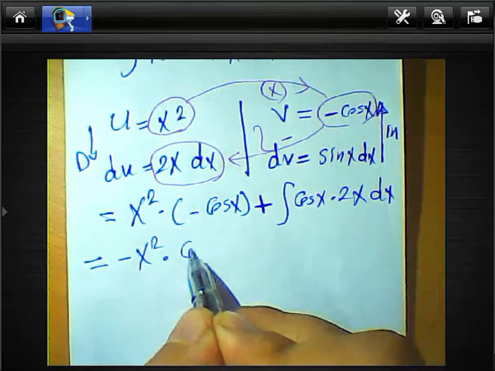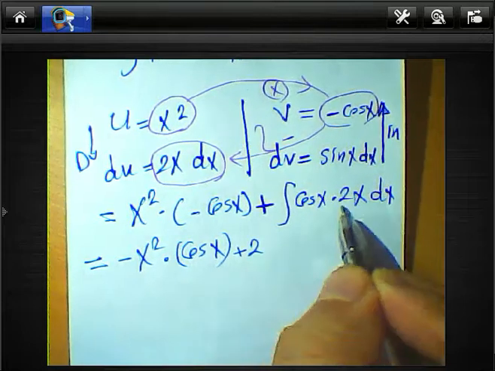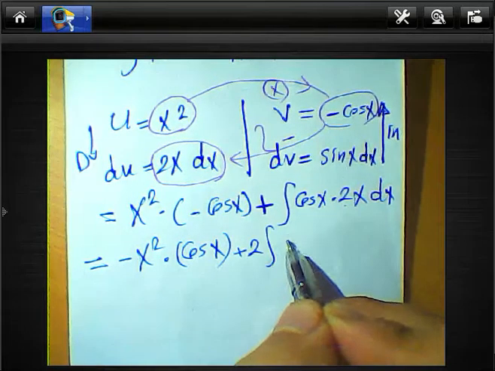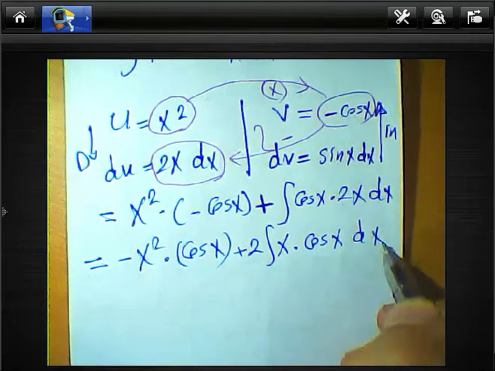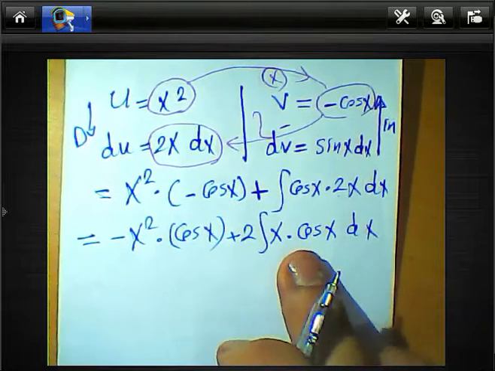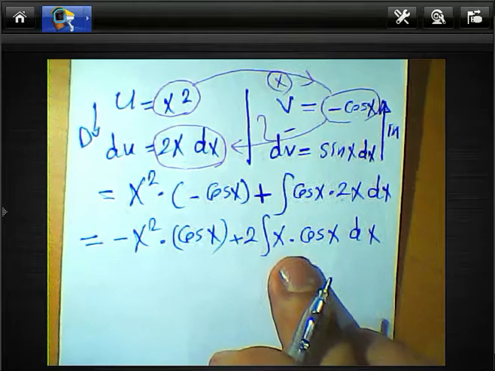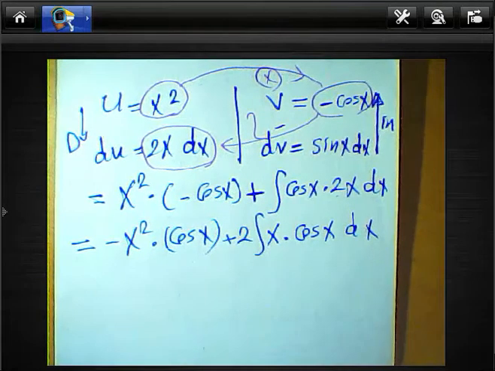so the result will be negative x^2 cosine x plus 2 outside here, the integral of x cosine x dx, and this term we can find by integration by parts for x cosine x, and write the result here.